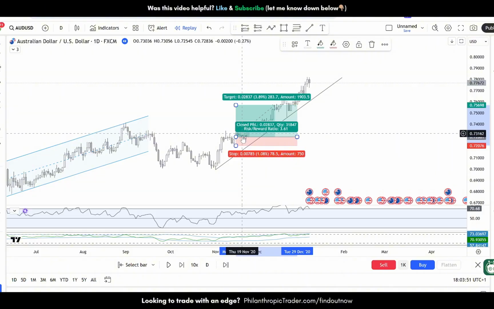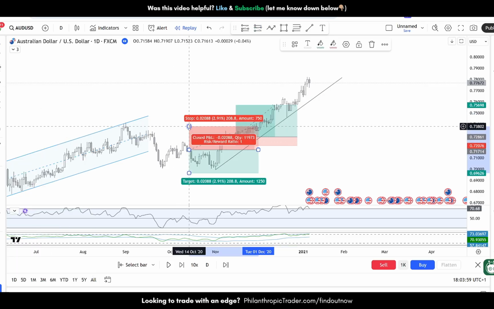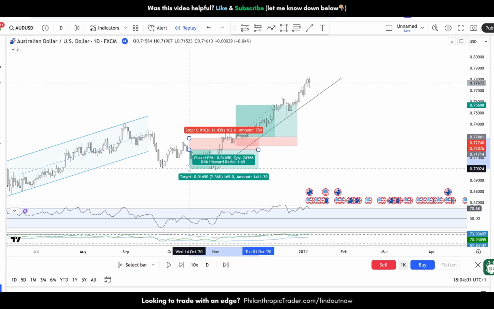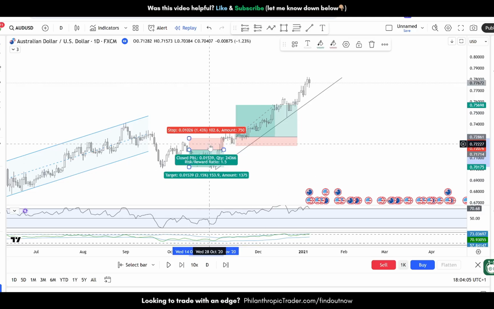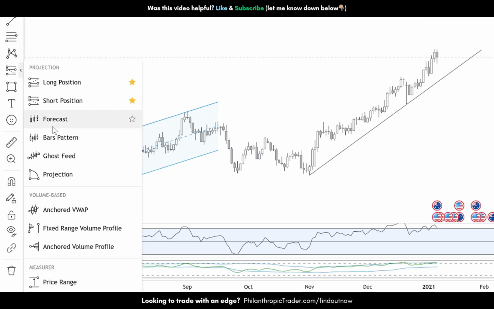In this case, it's a 1 to 3.61 risk reward ratio trade. And the same applies for the short position over here. You can make some nice trades using the long and short position tool. Personally, let me see. No, I don't use it that often.